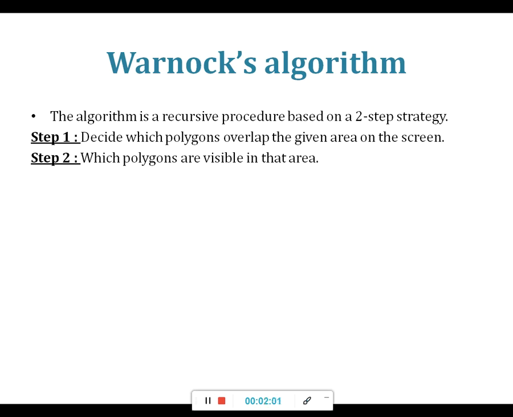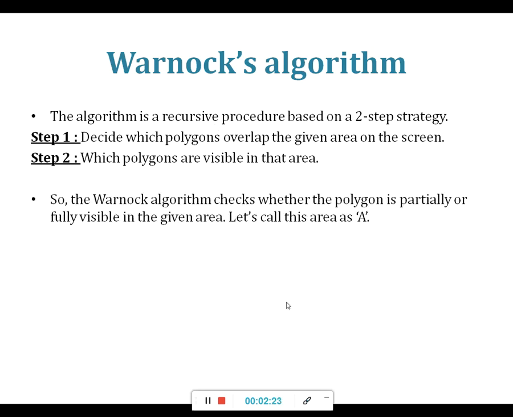In the first step, we decide which polygons will be overlapping with the given area of the screen. In the second part, we find out whether the polygons are visible in that given area or not. It may happen that a polygon will be visible fully, it may be visible partially, or it may not be visible at all.